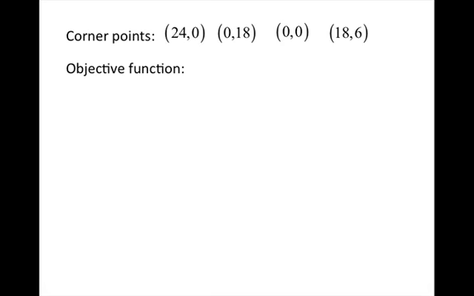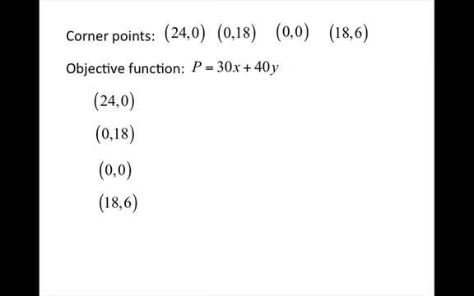I'm going to plug each of these into the objective function, which is p equals 30x plus 40y. If I plug in the 24, 0, I get 30 times 24 plus 40 times 0, and this is 720.